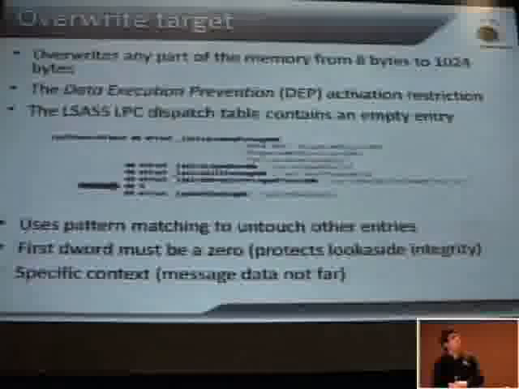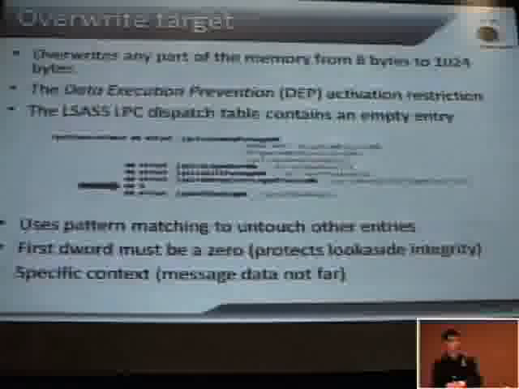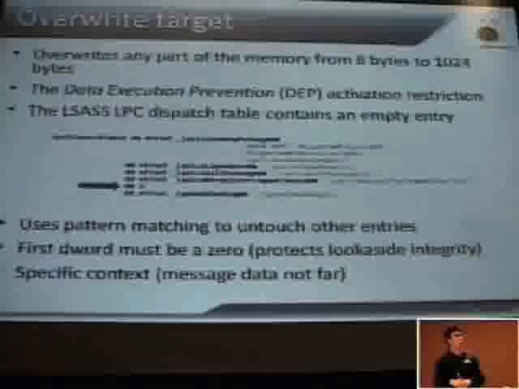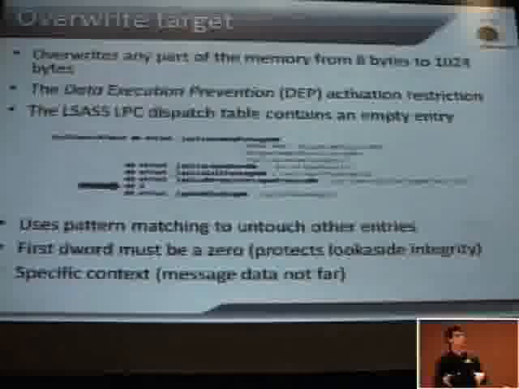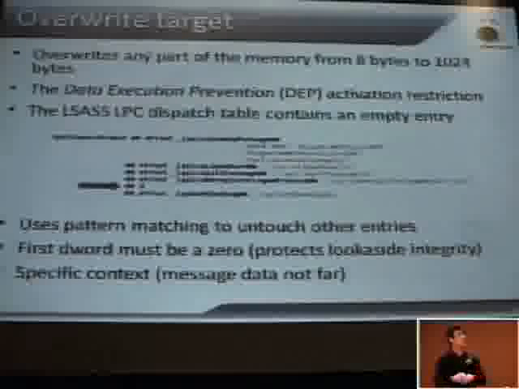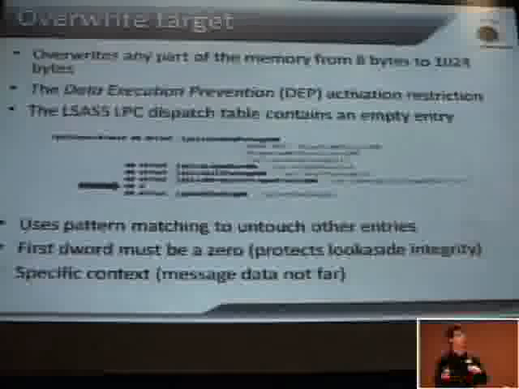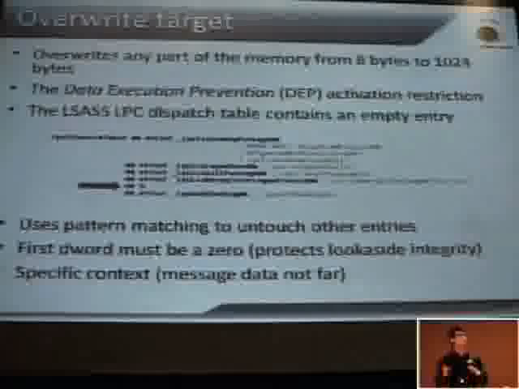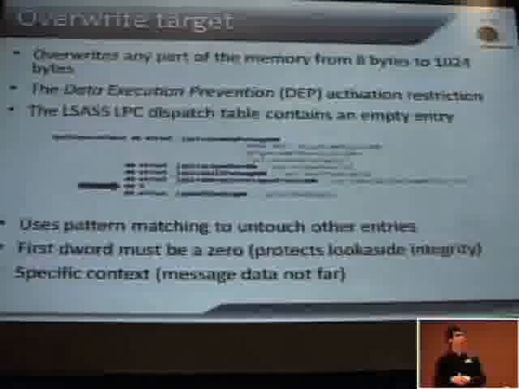So we have to find another way. Basically, we replaced an empty entry in the ALPC dispatch table, and we use that to jump through different parts of assembly in the NTDLL module, so we can get control of the stack, deactivate the DEP, and execute our shellcode.